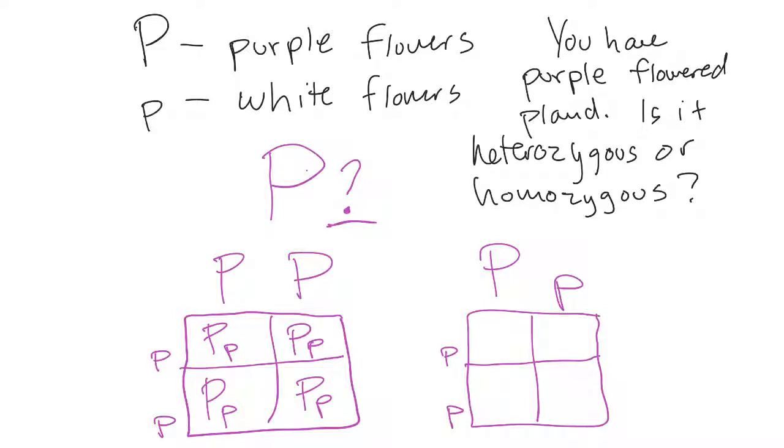But if they're heterozygotes, what are the possible phenotypes of their progeny? Well, these ones will be what color? Purple, right. These ones will be what color? White. So if you do this test cross and you get white flowers, not all of them white, but some of them, then you'll know it was big P, little p, right?